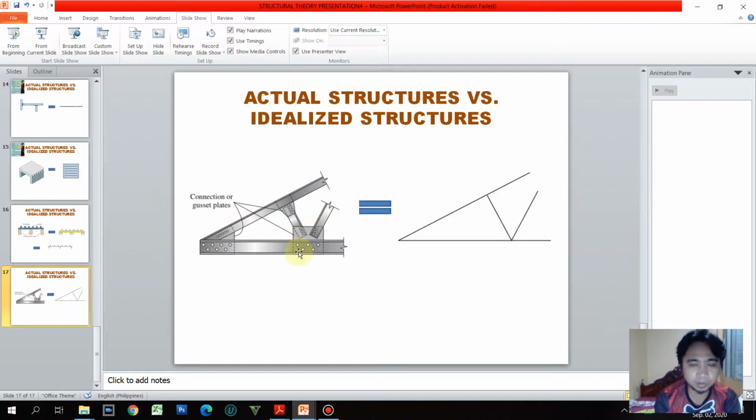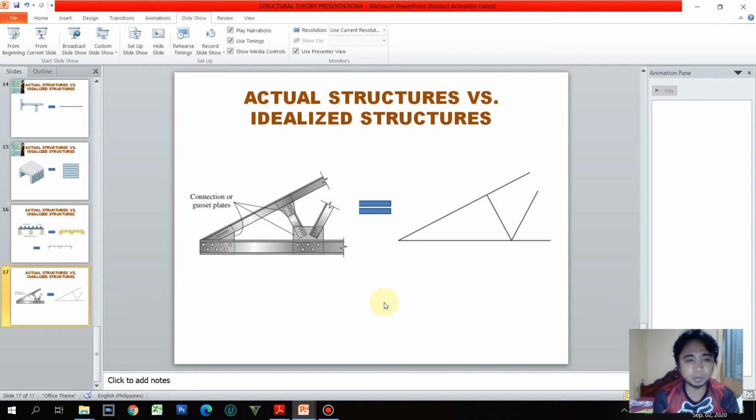So it could also be connected by bolts or rivets on the joint to form a three-force member in a truss. So simply, we'll just have to indicate lines for that. Okay, not reflecting the plates, the installed plates. So these are the things that we need to know in our analysis.